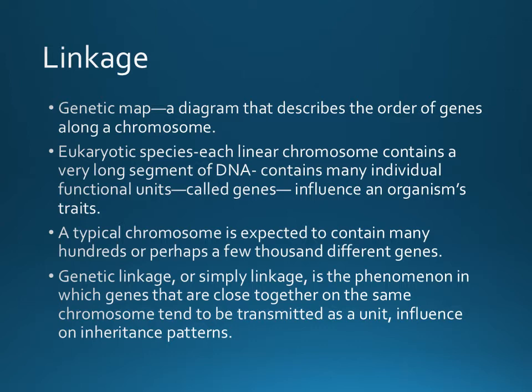You are all familiar with chromosomes: every species has a specific number of chromosomes, and chromosomes are made from DNA and histone proteins. DNA is the genetic material which has all the information of the proteins or all the characters.